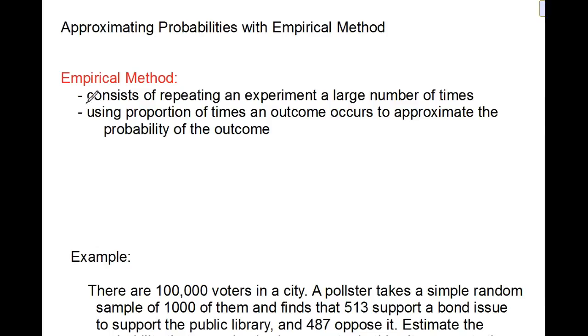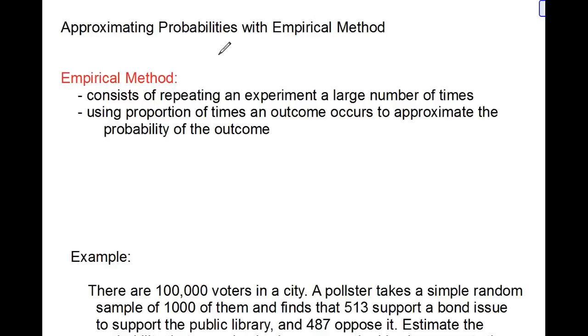Now, sometimes we want to approximate probabilities with the empirical method. We've looked at the empirical rule before, which stated that things that are approximately bell-shaped have items closer to the mean.